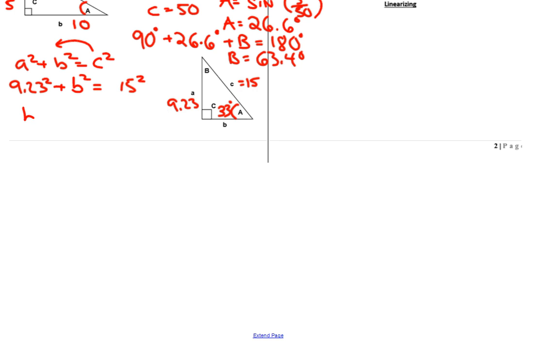So B equals the square root of 15 squared minus 9.23 squared. That gives me a B value of 11.8. So now B is 11.8.